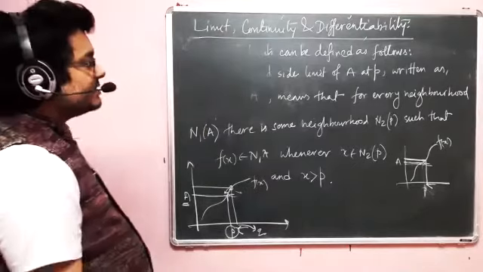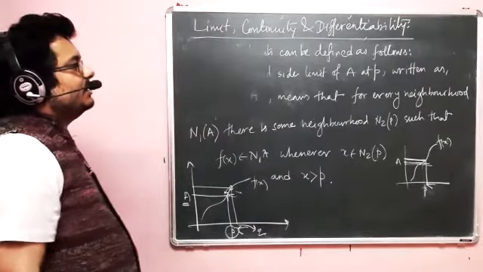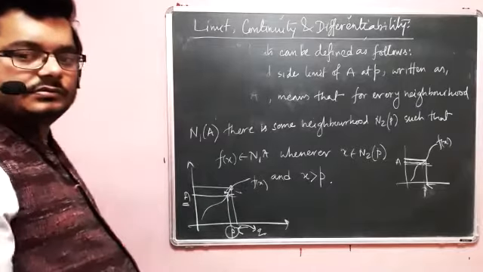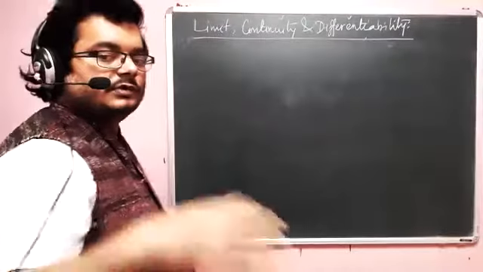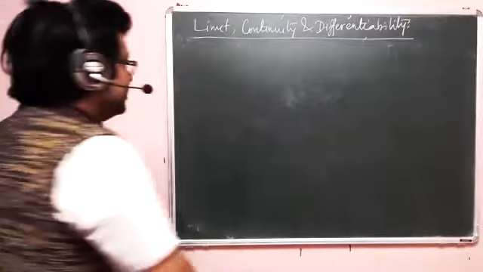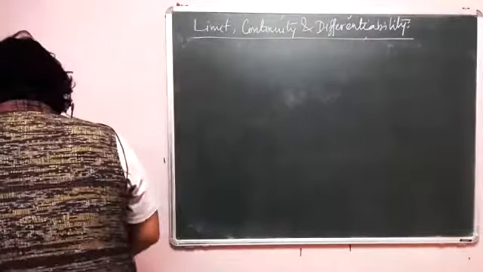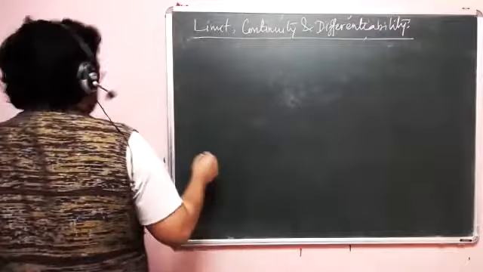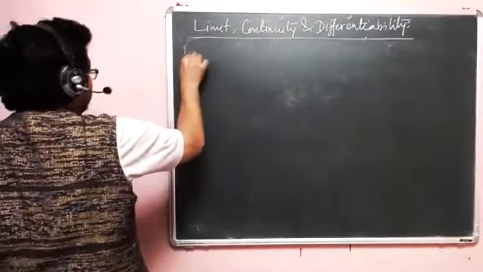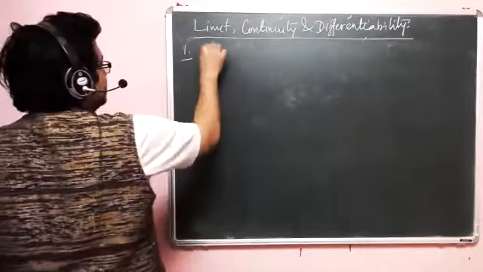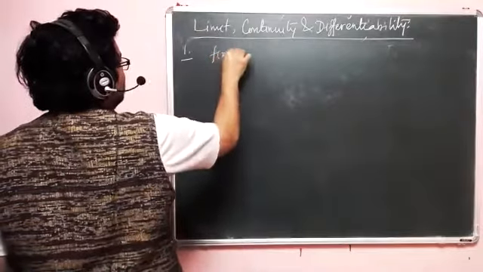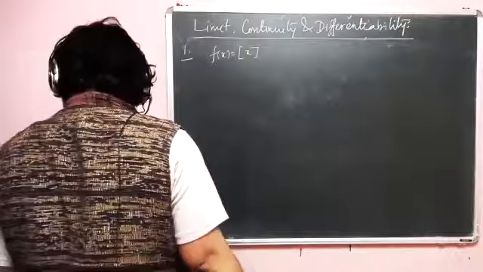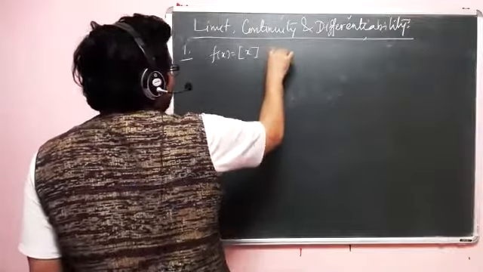Okay. So now we will look at three different functions, and we'll talk about the limit of those functions around some points. So the first function under discussion is this. Number one is f(x) equal to, we famously known as floor of x, for all x.